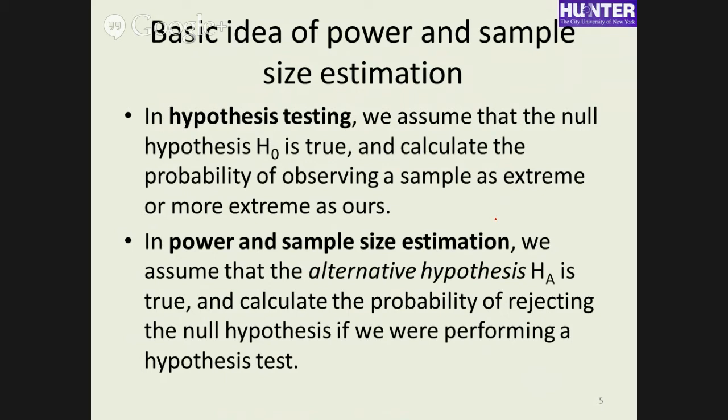Now, in power and sample size estimation, we instead start from the assumption that the alternative hypothesis is true. And then we say, if this is our sampling distribution under the alternative hypothesis, what would be the probability of rejecting the null?